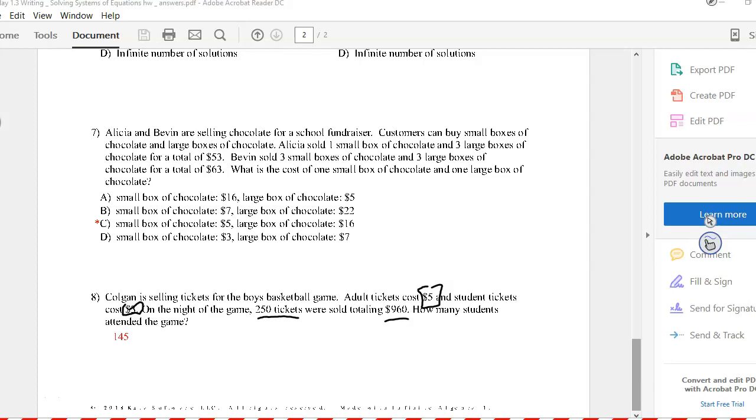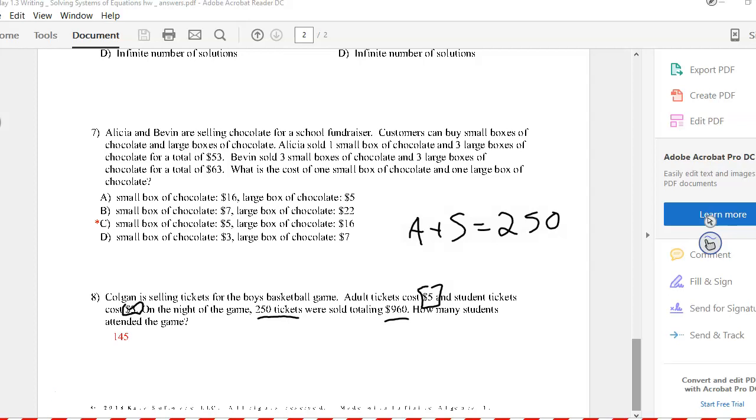What would the equations be for this? That would be one of them. A plus S equals 250. The other one, it's the whole, it's going to equal 960.